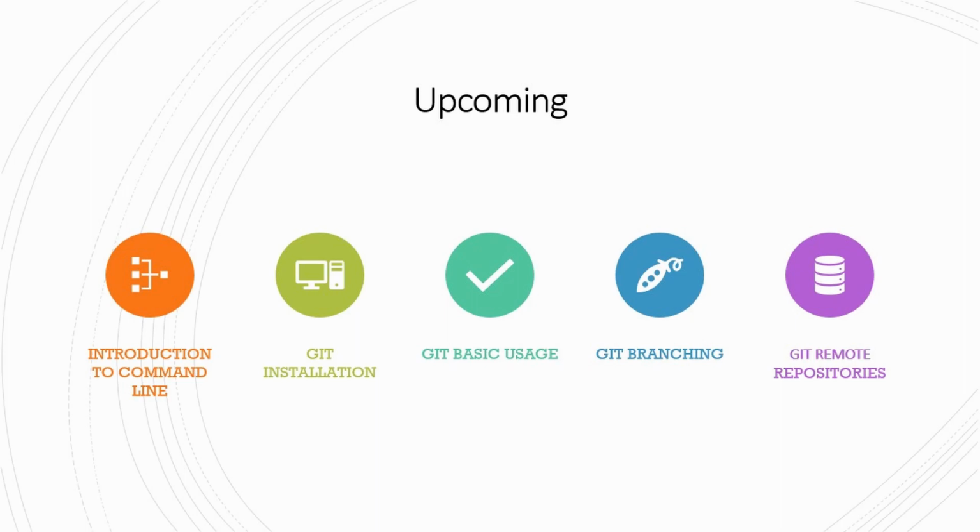Then we'll have a quick look at the basic usage of Git. Next, we'll go into Git a little bit deeper and look at what Git branching can bring to the table. And then lastly, we'll look at collaboration within Git using remote repositories, and how we have to look at things to properly understand using Git with others.